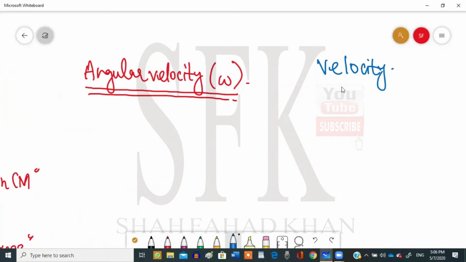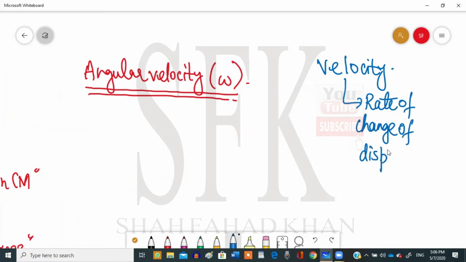From your AS, velocity is the rate of change of displacement, right? And this is a vector quantity, so it is direction dependent. So if the direction of an object changes, then the velocity changes.